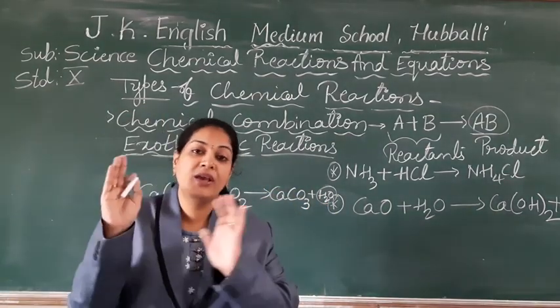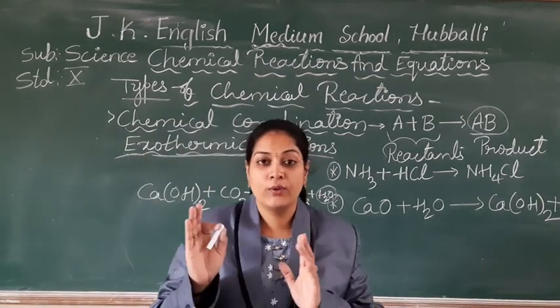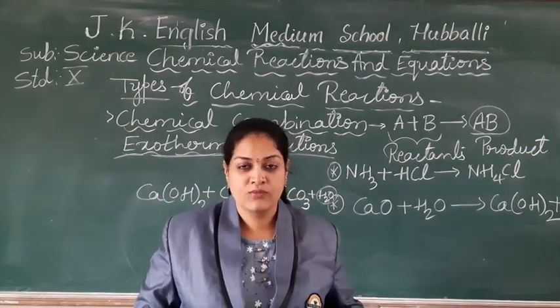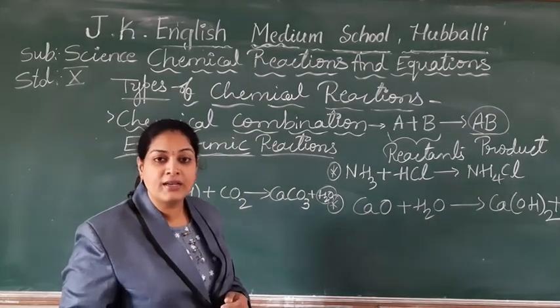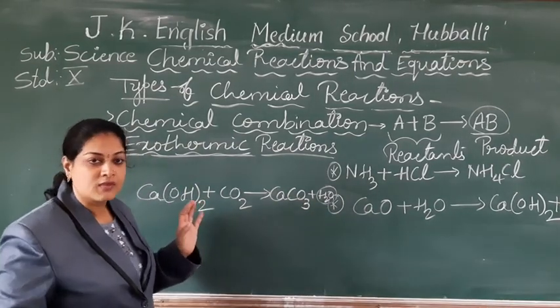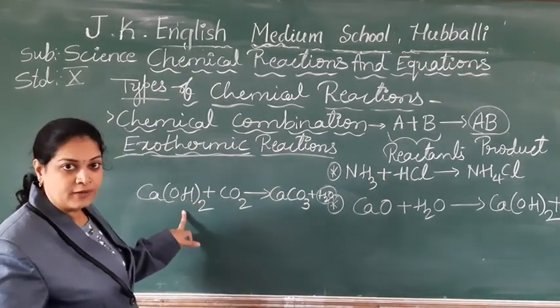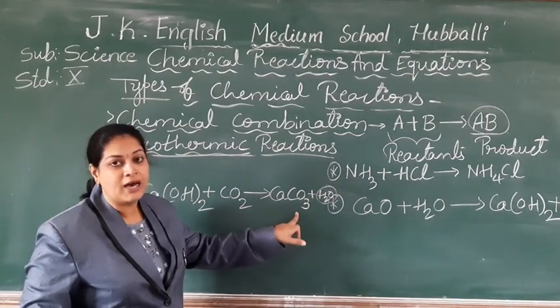So when it is fully dry, after 2 days, you are going to get a good shining on the wall. Right, students? How are you going to get the shining? That is because of this reaction: calcium hydroxide reacts with carbon dioxide to form calcium carbonate.